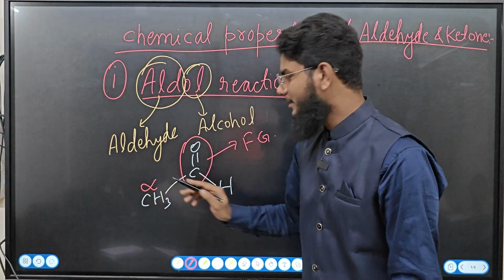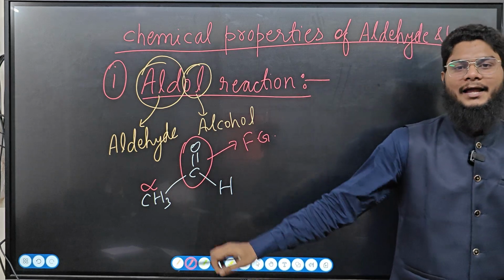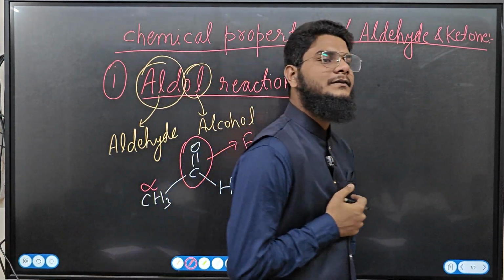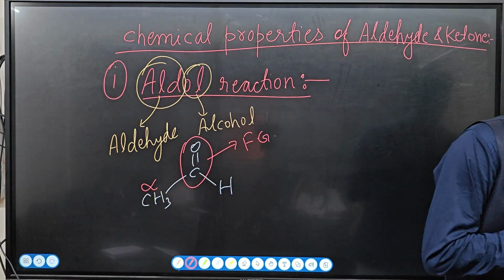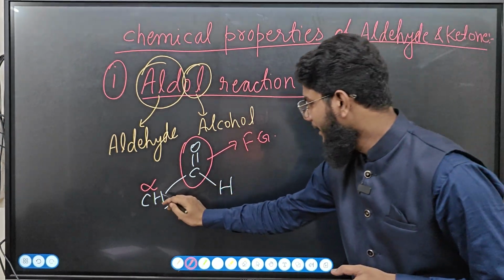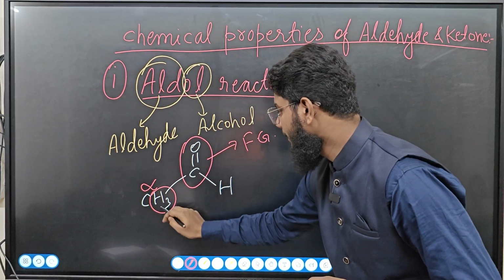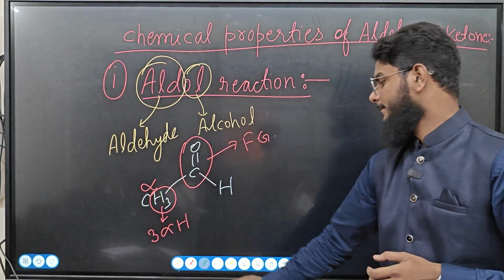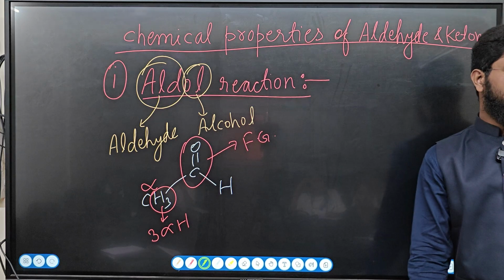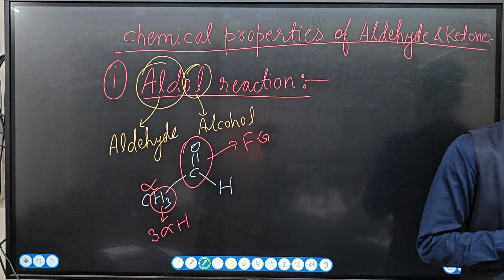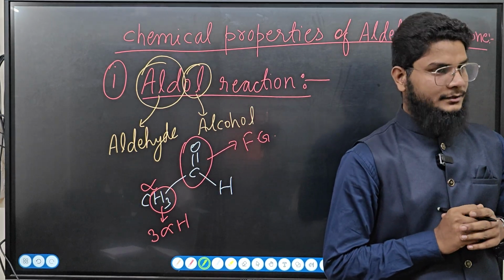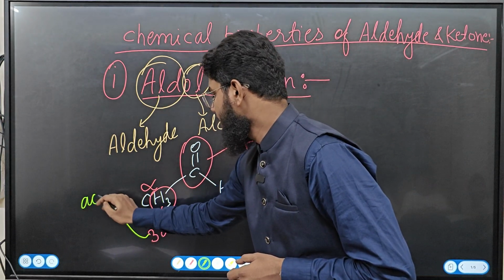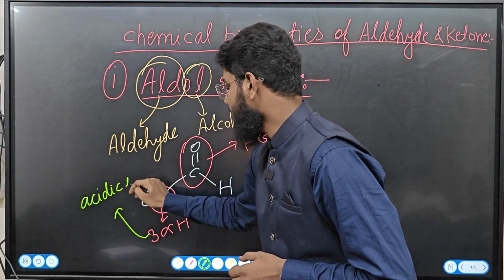This alpha carbon has some hydrogens, and those hydrogens are known as alpha hydrogens. There are 3 alpha hydrogens, and alpha hydrogens are acidic in nature.